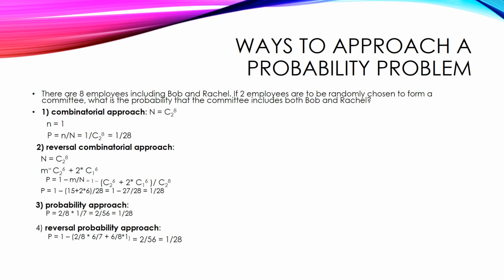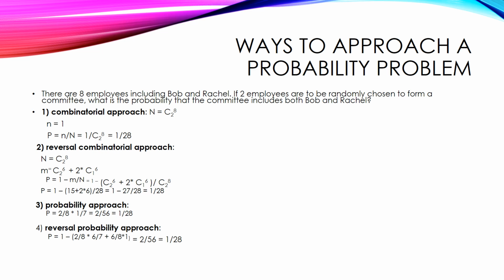The number of possible committees that do not include both Bob and Rachel is m is equal to 6C2 plus 2 into 6C1, where 6C2 is the number of committees formed from 6 other people, and 2 into 6C1 is the number of committees formed from Bob or Rachel and 1 out of 6 other people.